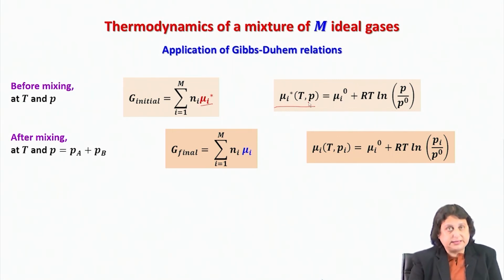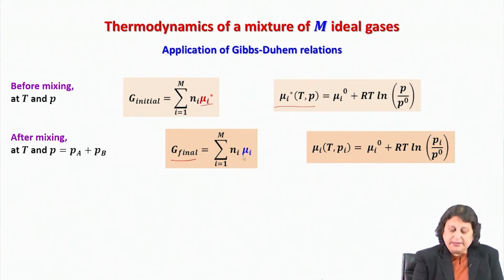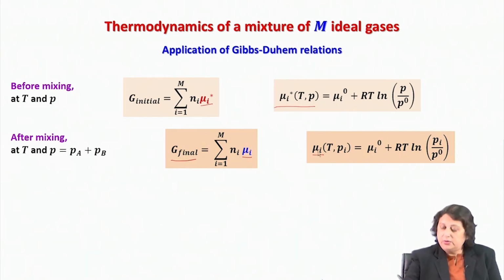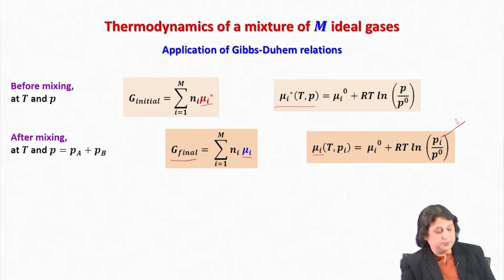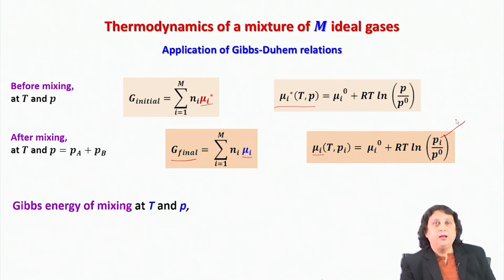Now, after mixing, if I know the partial pressures of the individual components in the mixture, then I can evaluate G final, because G final depends on mu I, and mu I for the ith component now depends on the partial pressure of the ith component in the mixture.